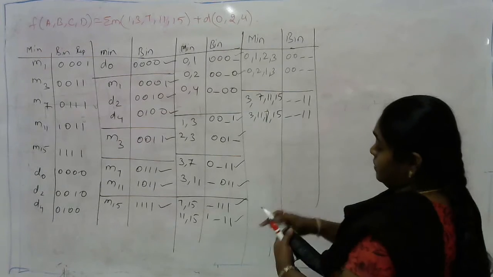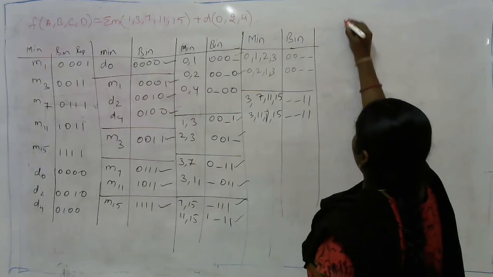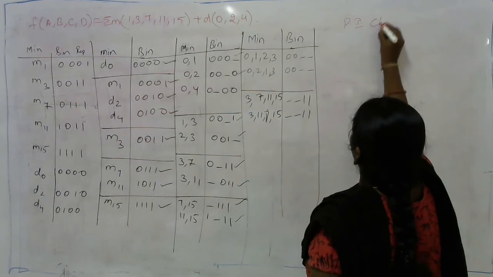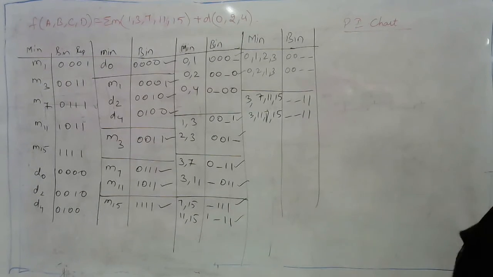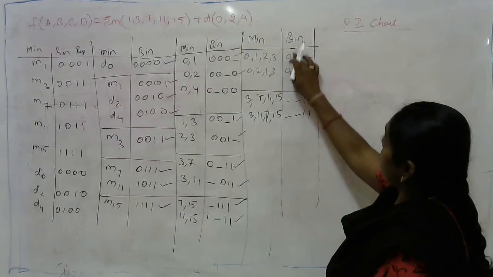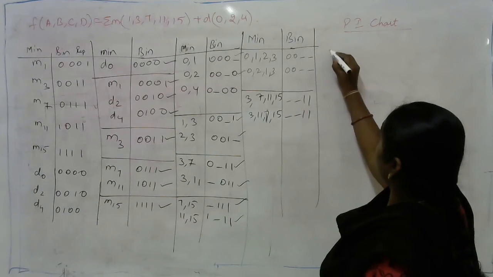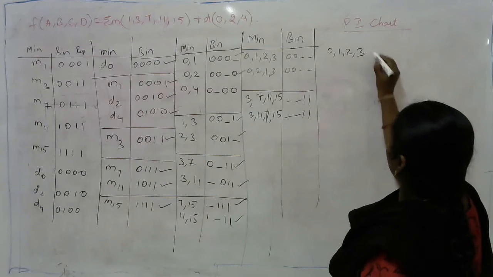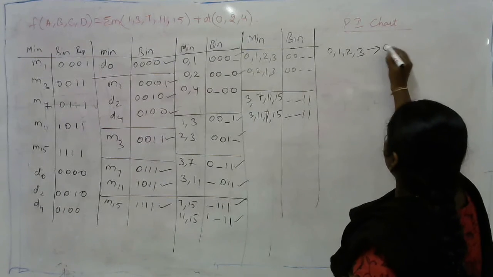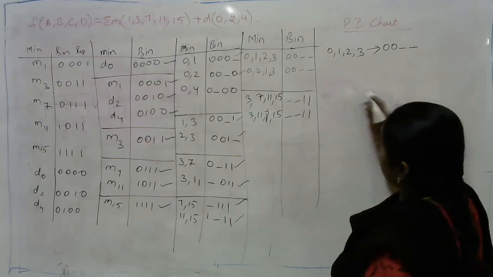The next one is we need to write down the prime implicant chart. In case of a prime implicant chart, whatever the minterms which are not having a tick mark, those terms we need to write down. So as these two can be considered as a single one, I am writing 0 1 2 3 is one prime implicant. The corresponding is 0 0 dash dash.